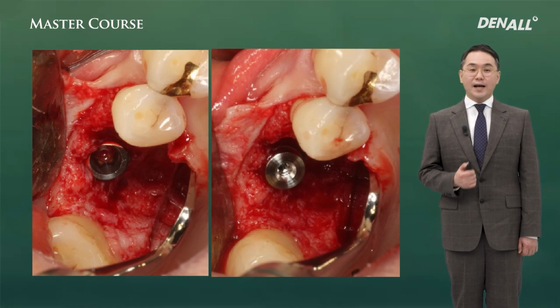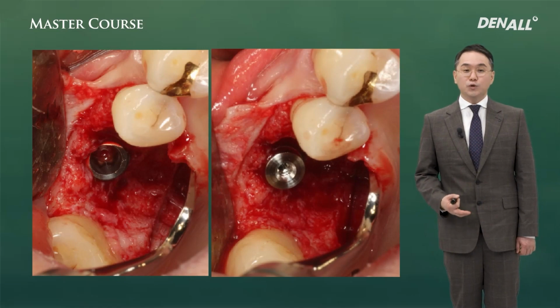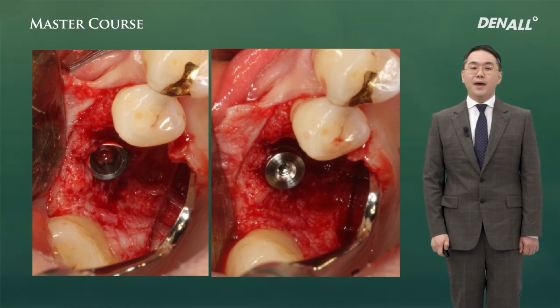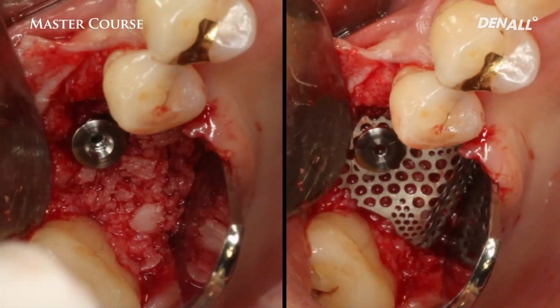And I decided to submerge it. In order to minimize possible exposure, I used internal connection type anchor. You can see that it has been connected here. I did bone graft on the palatal side. After that, two-wall augmentation type of Ossbuilder was used to cover the bone graft in the palatal side.